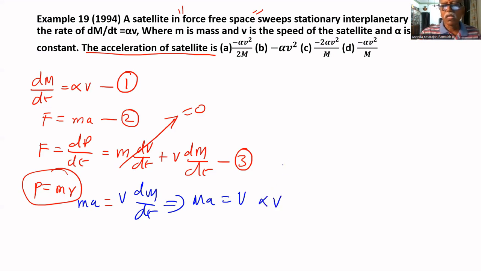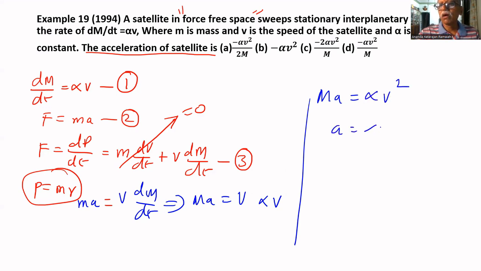Therefore, ma equal to alpha v square, or a equal to alpha v square divided by m.